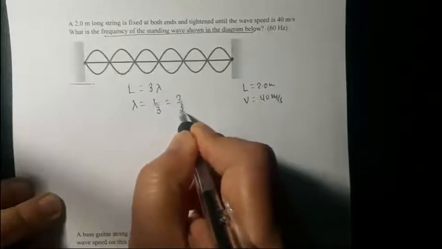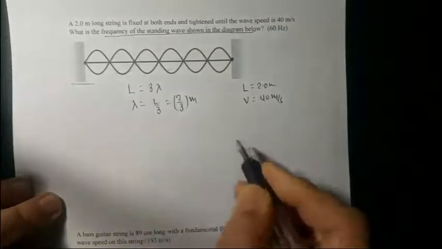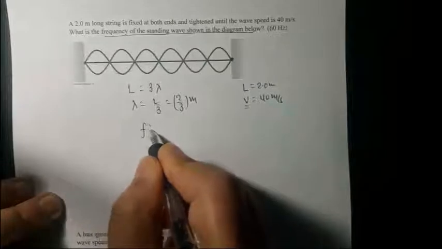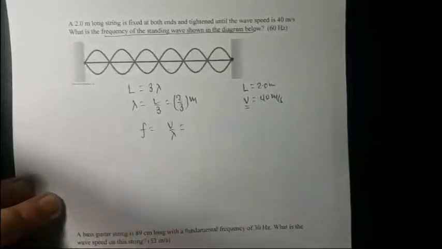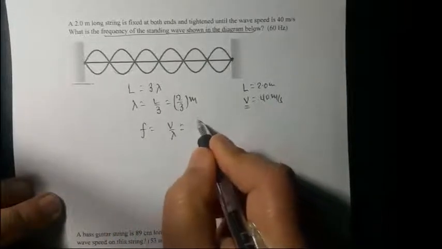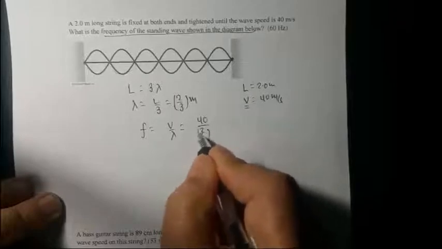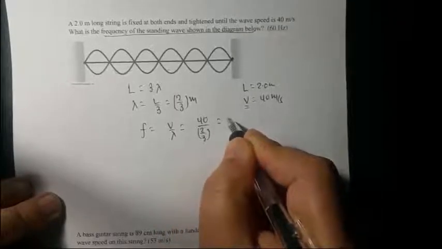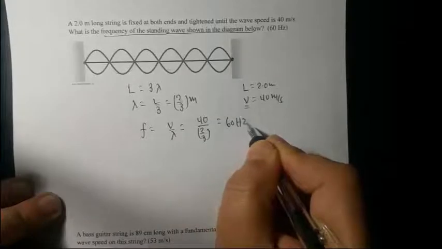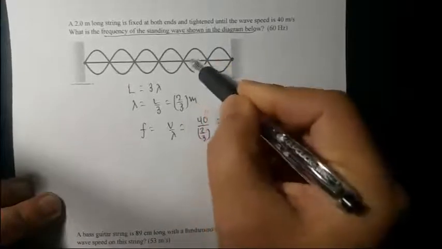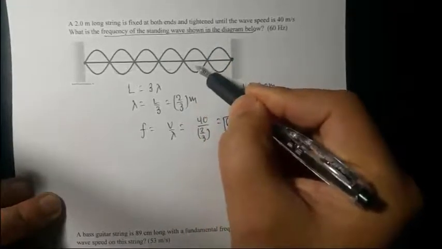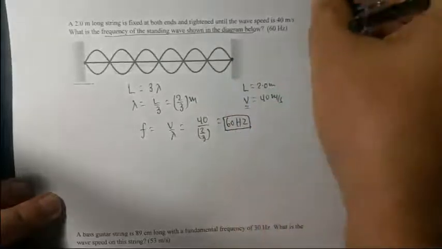So 2/3 meters. And then the velocity is given. So frequency is just V over lambda from the wave relation. So V is 40 over 2/3, which is 60 hertz. So the frequency of this particular standing wave must be 60 hertz.